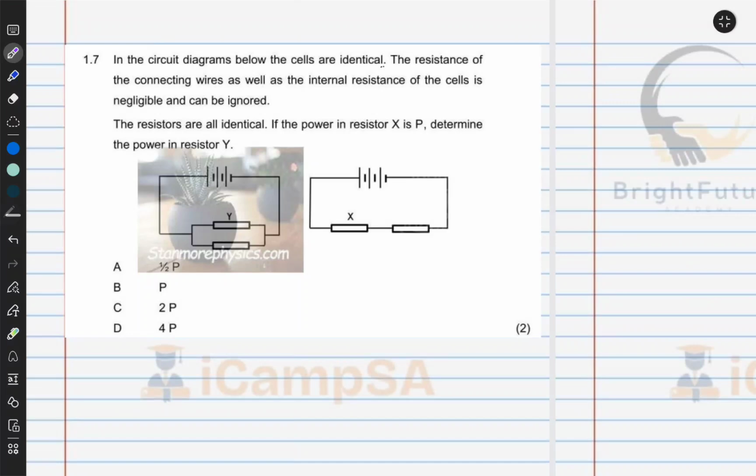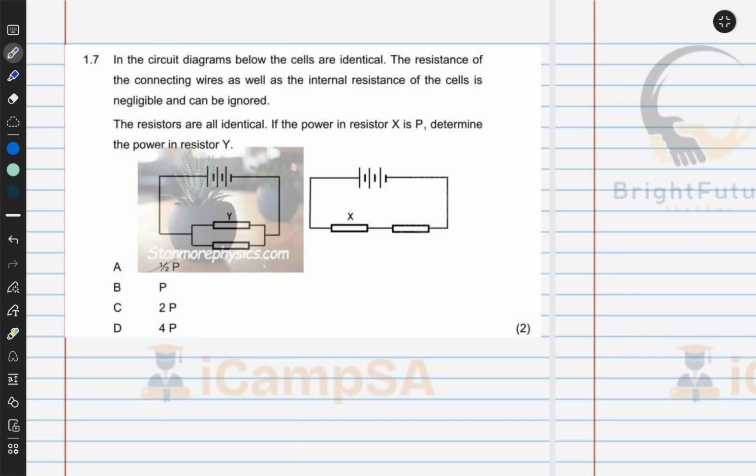So here we are told that in these circuit diagrams below, the cells are identical. Which means that these cells, for both circuits, carry the same amount of EMF.